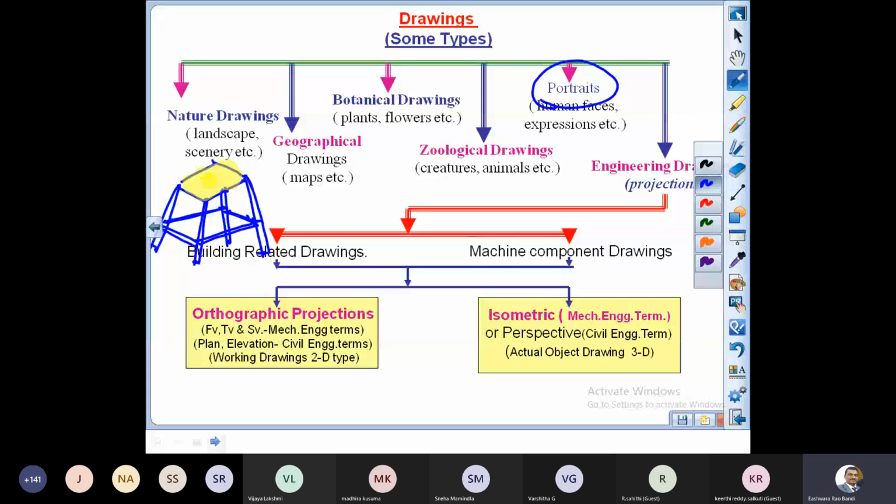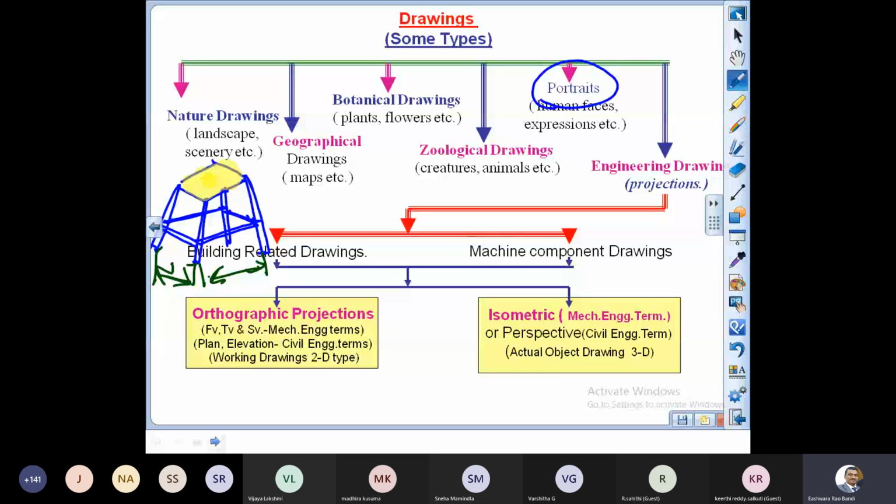Now, coming to isometric drawing, see here, we'll have different lengths: from here to here, and from here to here. The length will be equal at the bottom, right? You can see a stool anywhere, either at your house or somewhere.